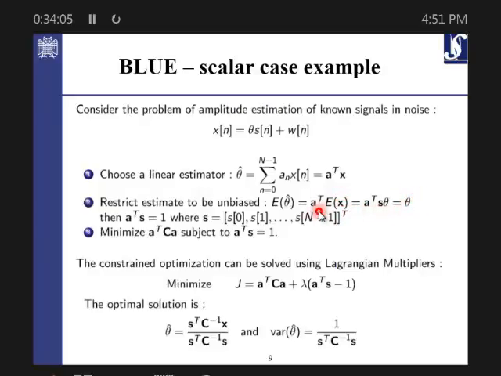What is the expectation of X? The noise is Gaussian with zero mean and some variance, so the expectation of this plus this gives the expectation of this part plus the expectation of this part.